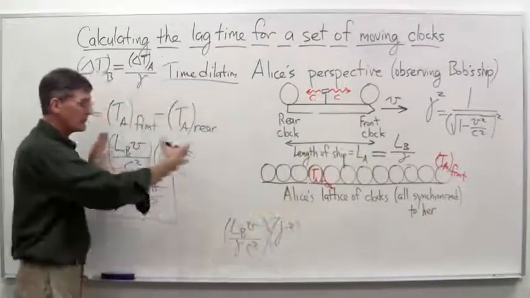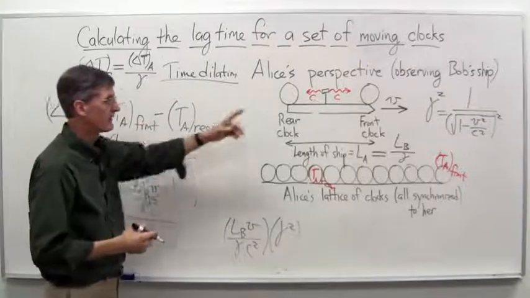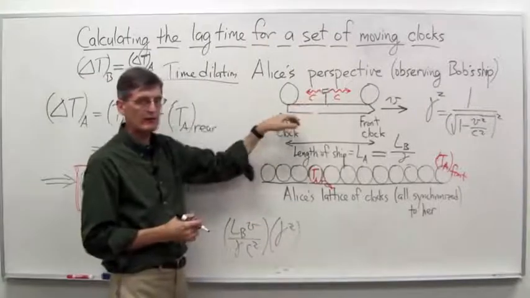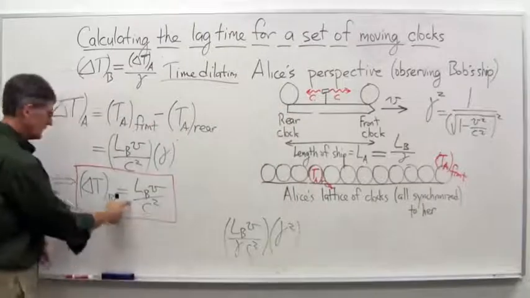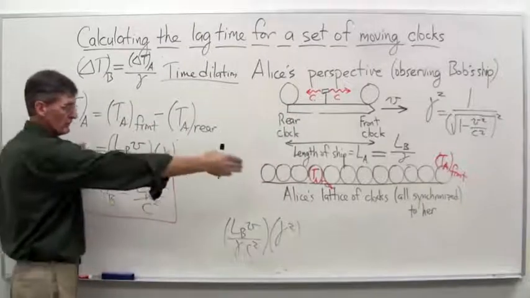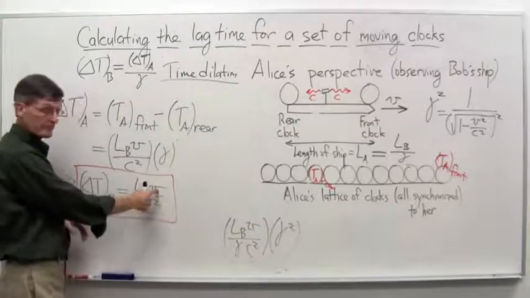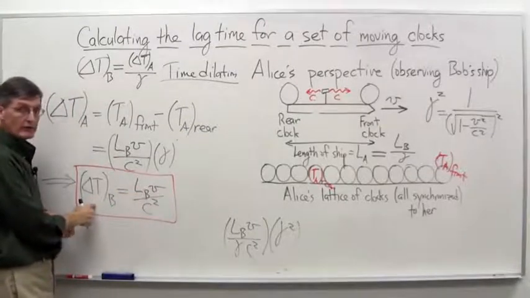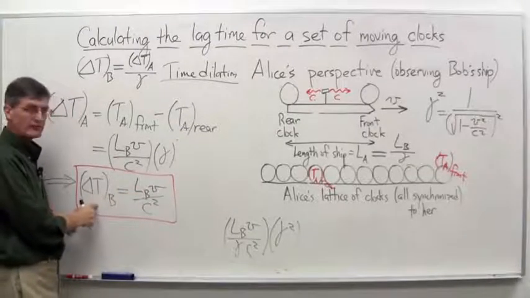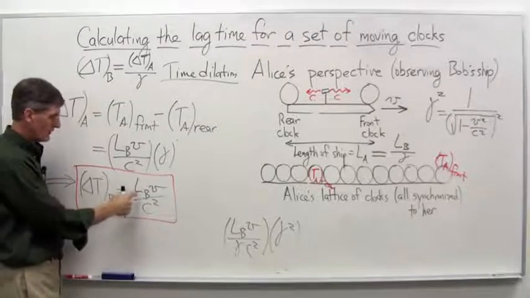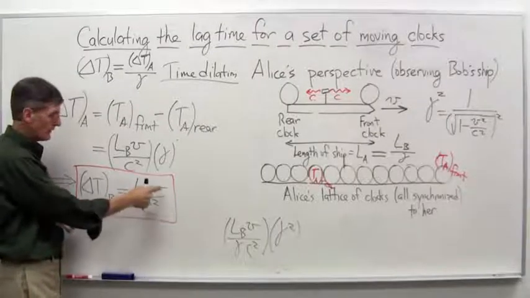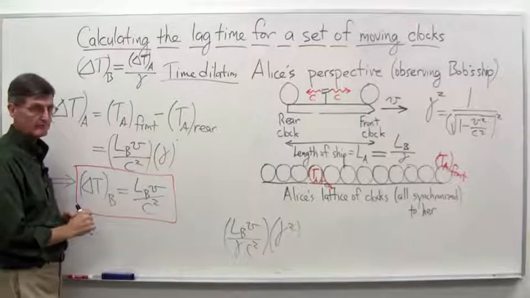And she sees Bob's clocks as not synchronized. And the front clock lags the rear clock by how much? By this much. If I know what the length of Bob's ship is to Bob, and I know what v is, then the lag, or the difference that Alice sees on Bob's clocks, is the length according to Bob, times v divided by c squared.